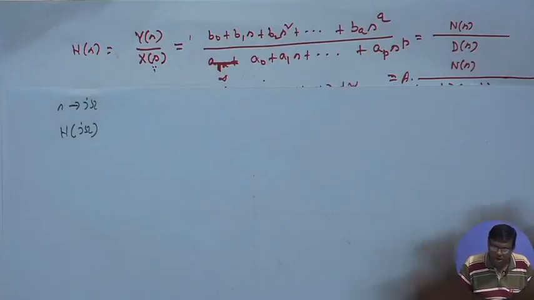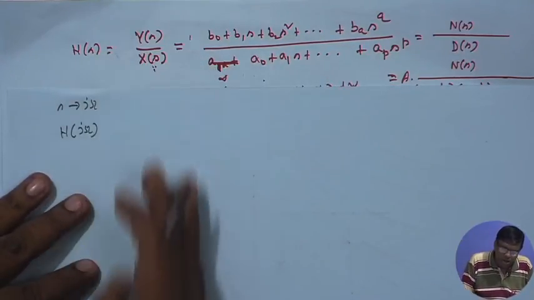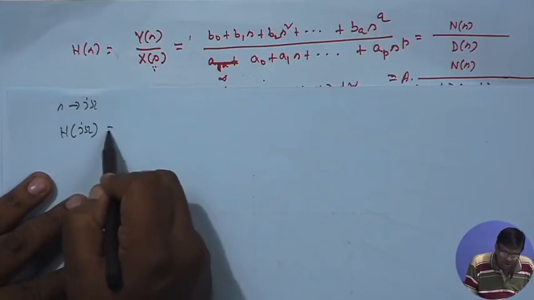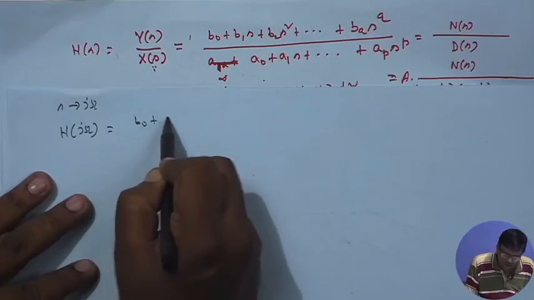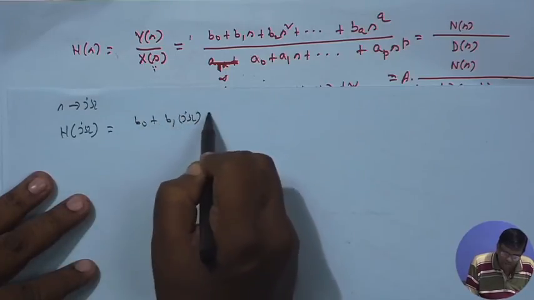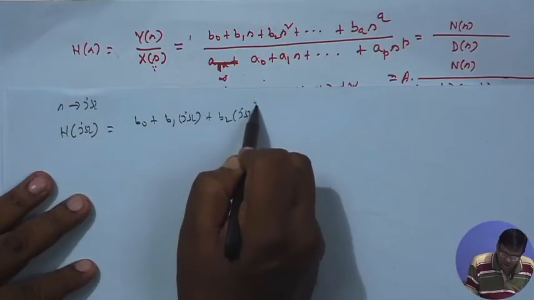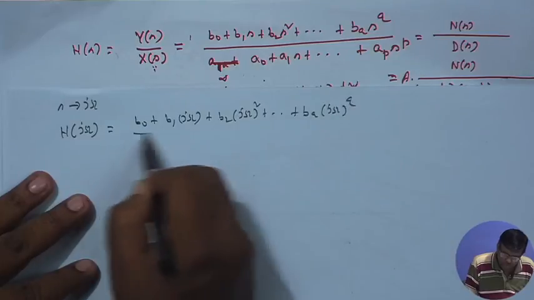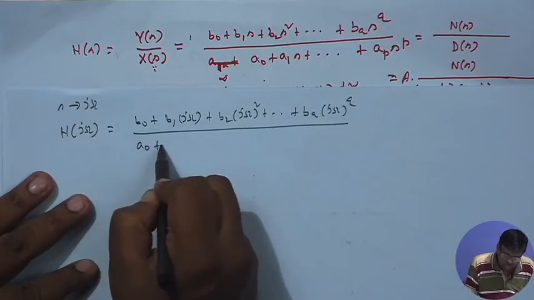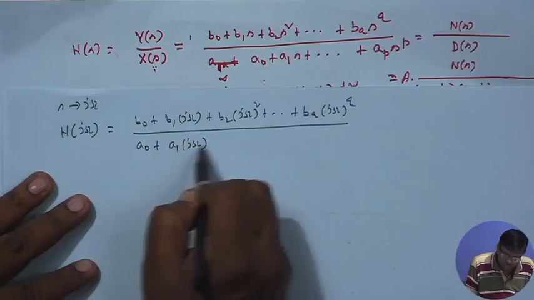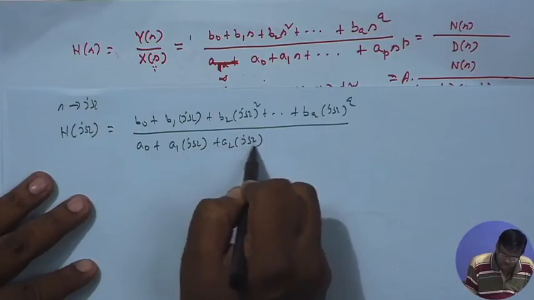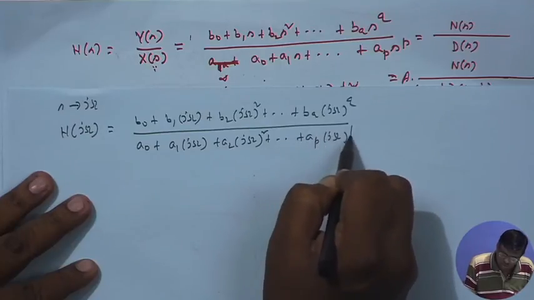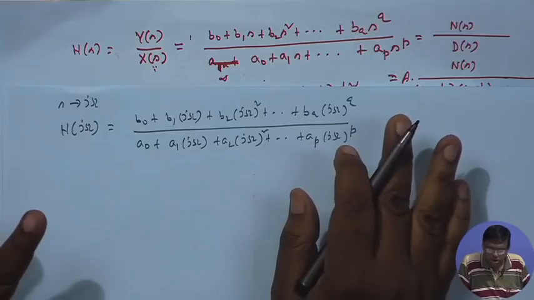So, I am not moving on the entire S plane, I am moving only on one line, that is the j omega axis, the y axis, and there if I take S equal to j omega and replace this, you have B0 plus B1 j omega, B2 (j omega) square, and so on. So, this is a function of omega.